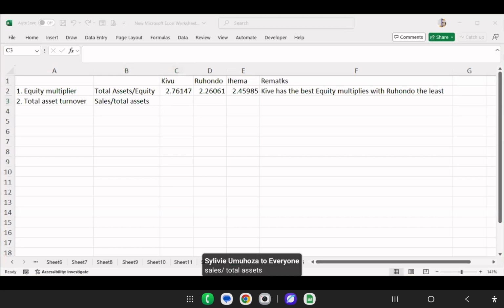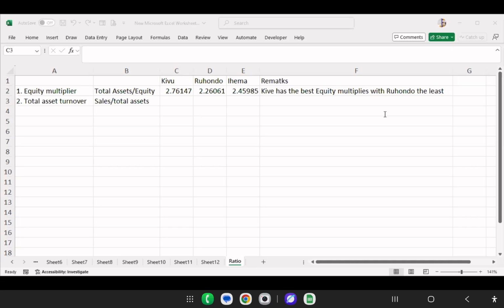Do we have that in the question? Let's see. Sales over total assets. Where is the question? I don't know if I copied them here.